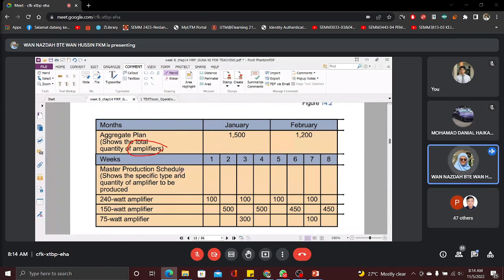So this aggregate plan combines all types of the models in a month. Whereas for the master production schedule, dia telah pecahkan mengikut minggu dan mengikut jenis model. So that's the difference between the aggregate plan and the master production schedule.